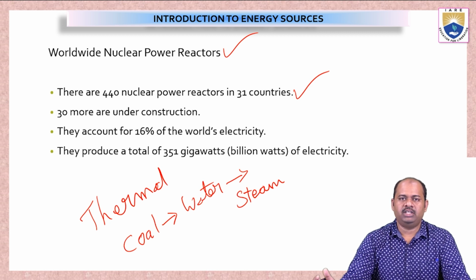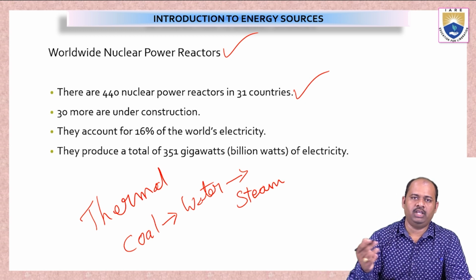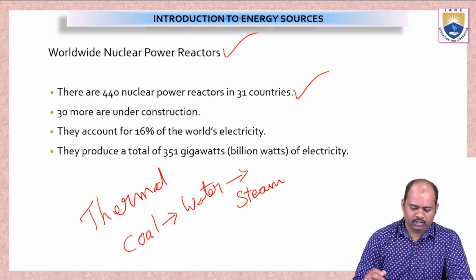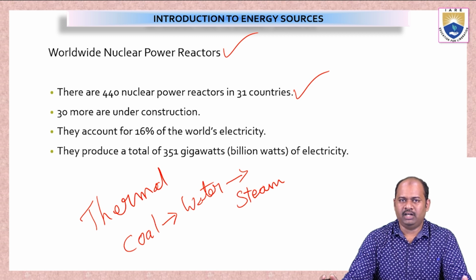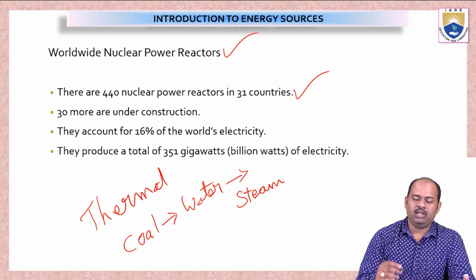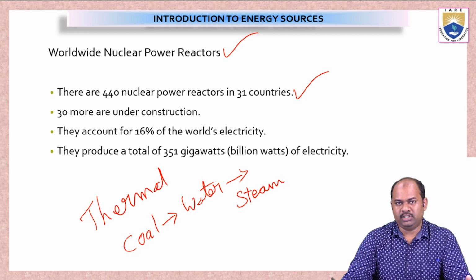Due to this, the turbines will rotate and we will get electricity with the help of a generator. Because of this enormous power, and because a very small amount of raw material is required for the working of any nuclear based power plant, nuclear power plants are very well established around the country.